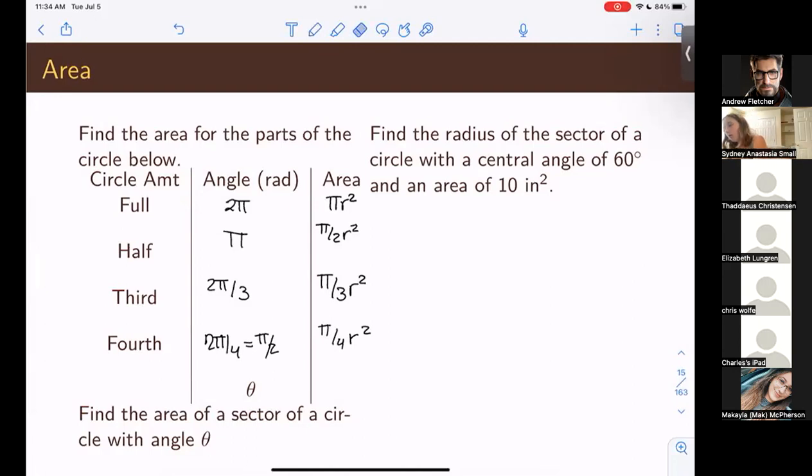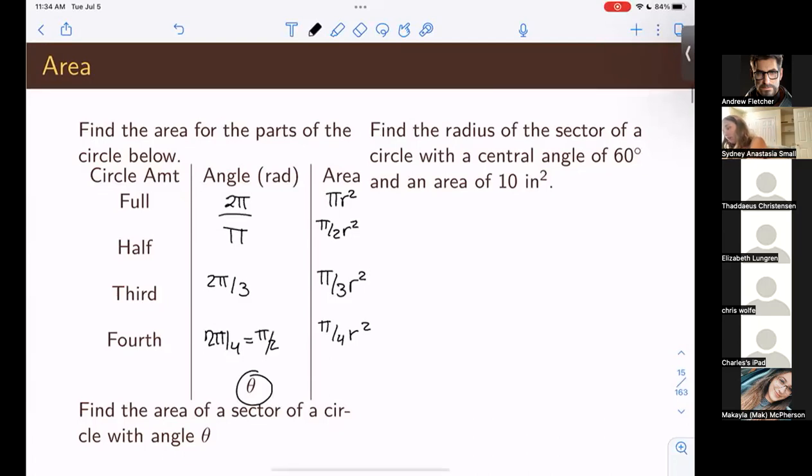Okay, what about an arbitrary angle theta? What if I just give you any angle? We're working with any angle in a circle. What would the area of that part of the circle be? What would the area of that fraction of the circle be? Well, notice that if we have 2 pi radians, if that's the angle, then it's pi r squared area. If the angle is pi radians, it's pi over 2 r squared.